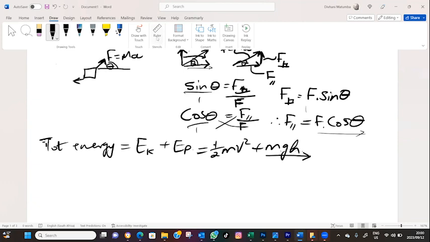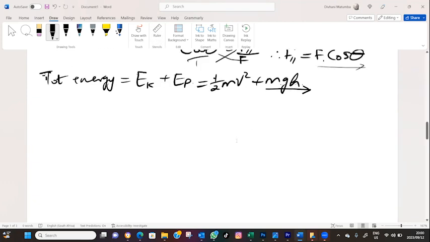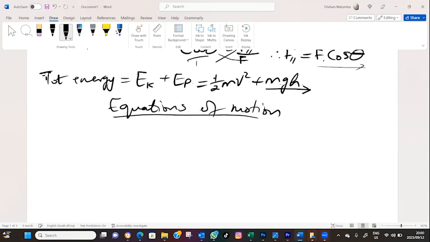Now, we're going to recap the equations of motion. The first one, we have V final equals V initial plus GT.